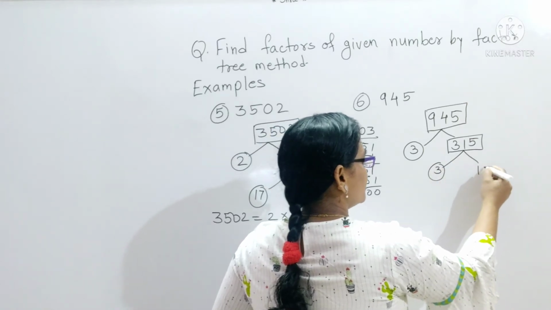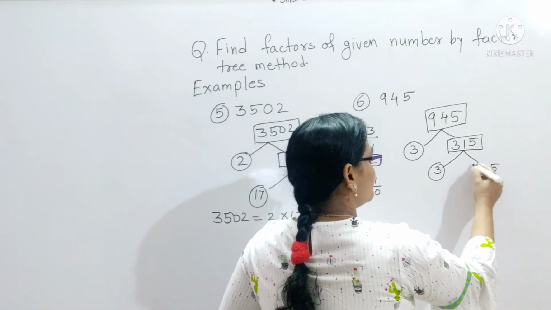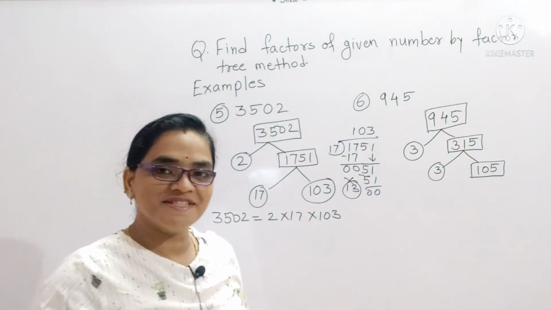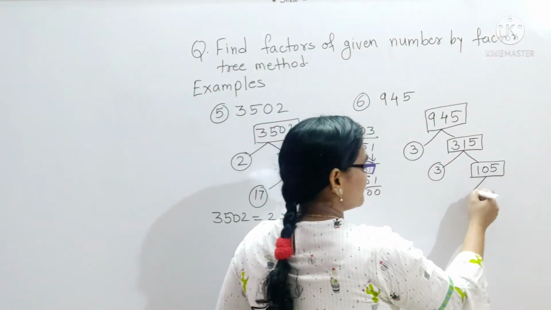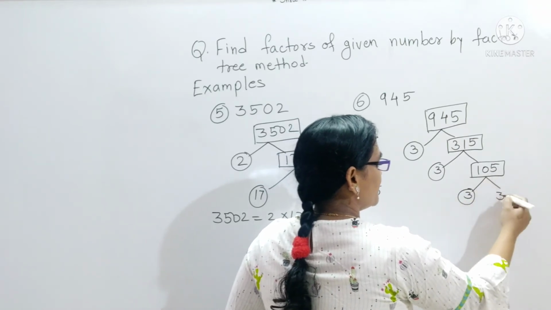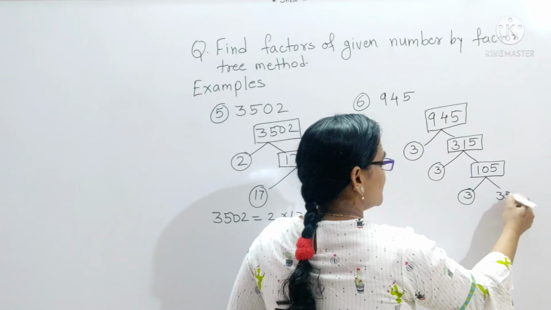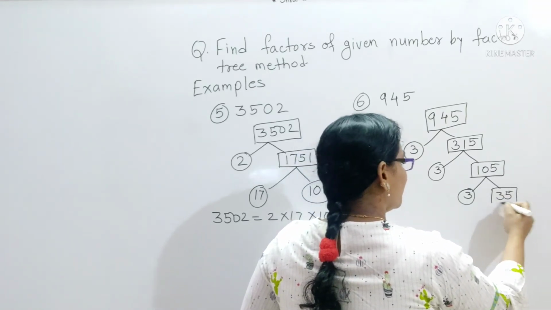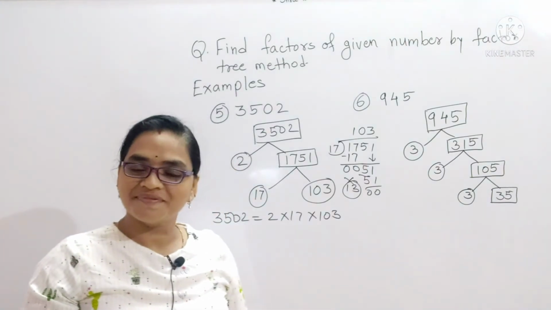3 1s are 3, 0, 3 5s are 15. 5 plus 1 is 6, means 105 is again divisible by 3. 3 3s are 9, 1 remains, 3 5s are 15. And 35 is not divisible by 3. 3 plus 5 is 8.